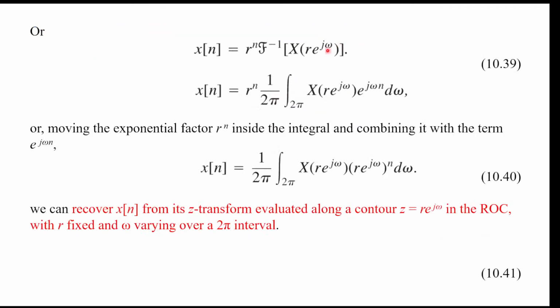So we basically fix an r inside the ROC, and now we just write down the inverse Fourier transform formula. The inverse Fourier transform formula is an integration over omega.